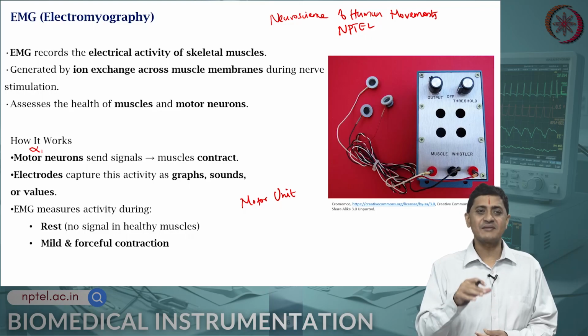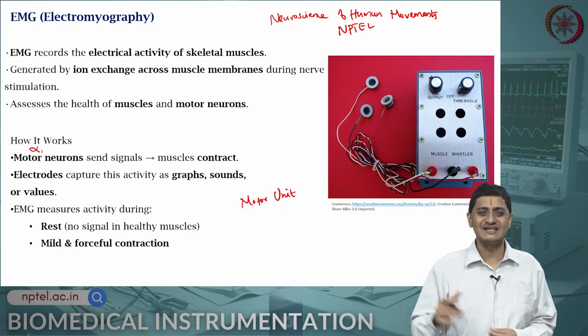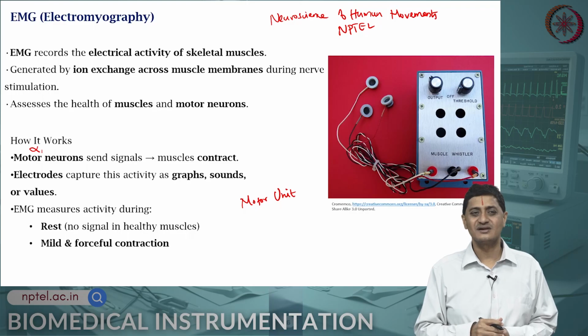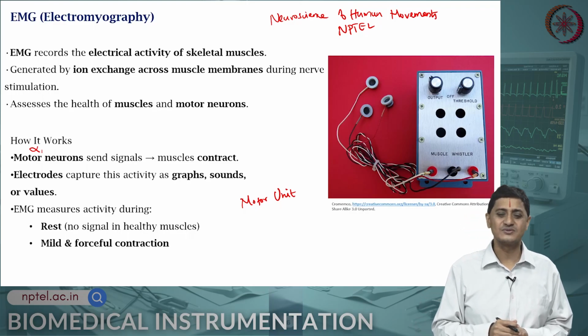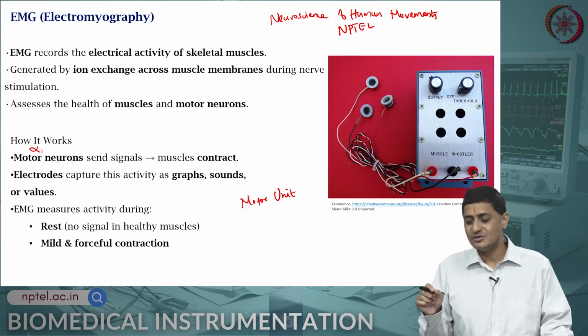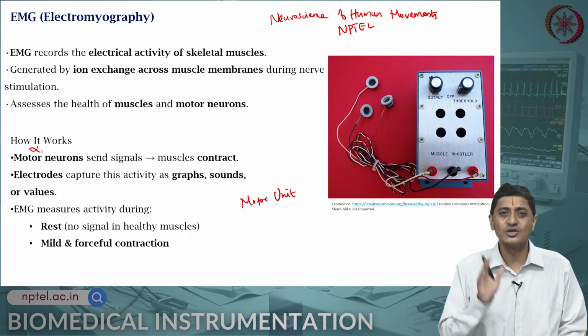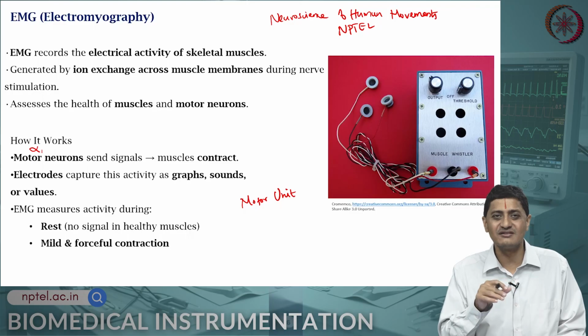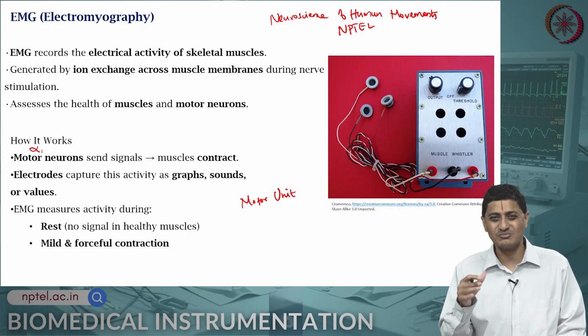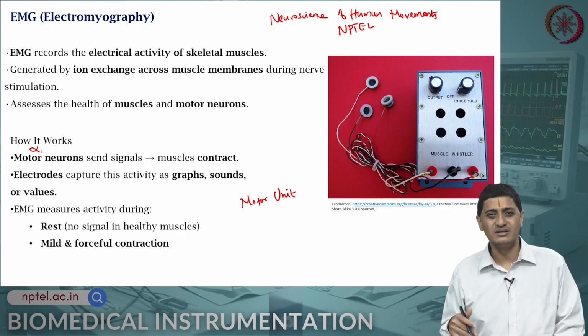So, electrodes capture this activity as graphs or sounds or values. Imagine you are having a microphone on the surface of the skin that you can hear. When the muscle is active you are able to hear. Actually those movements are not audible.